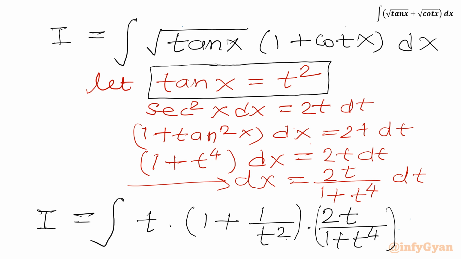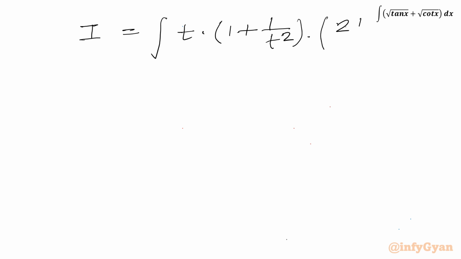This is our dx dt. Now I will take LCM here. Denominator t square will be cancelled out. Let's simplify. So I will be equal to, let me write once. This was integration t times 1 plus 1 over t square. Dx was 2t over 1 plus t power 4 times dt.